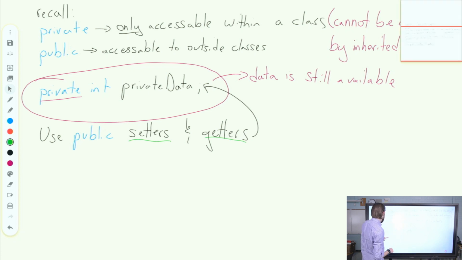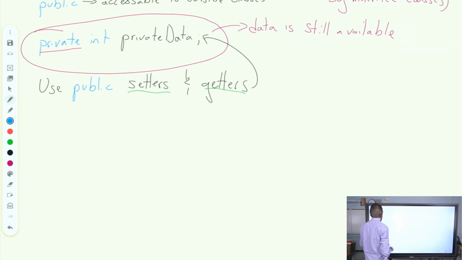If we said that we had a public integer, public data, we would actually be able to access that integer from the child class without having to use super or this. We could simply use that variable name.